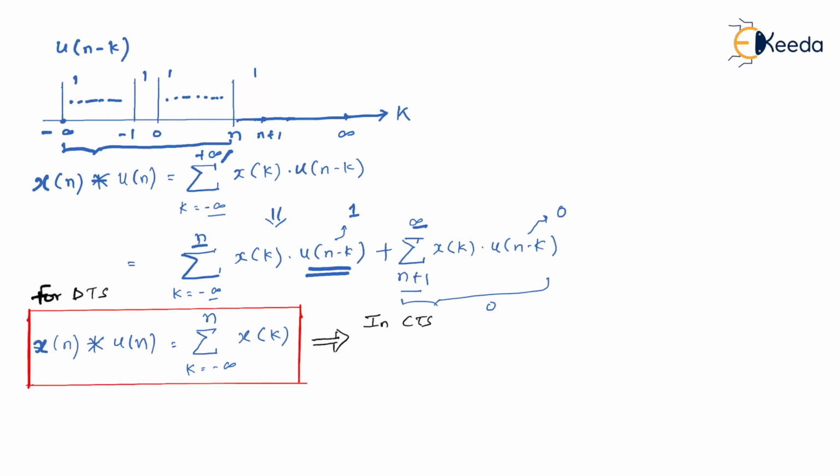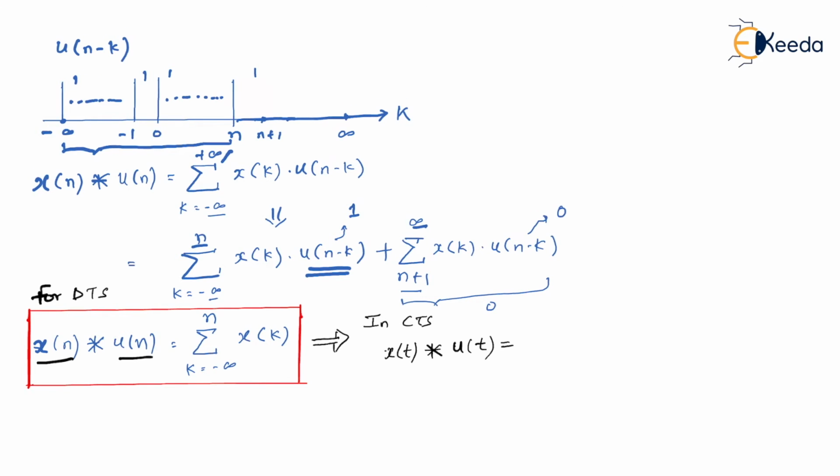Now for the continuous time signal, we know that instead of x of n, we say x of t, convolved with u of t, equal to. We know that whenever we do integration in continuous time signals, and I have said it multiple times, integration is not possible in discrete time signals.